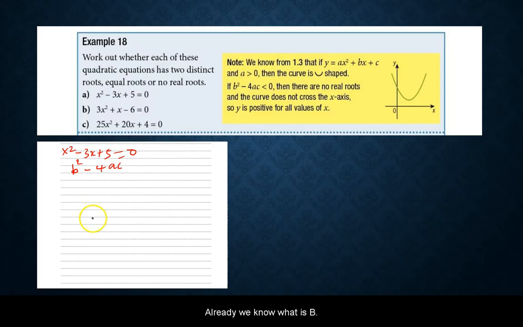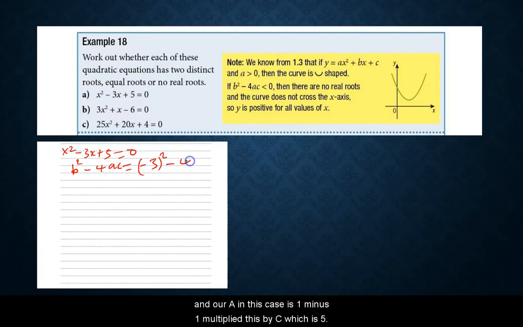Already we know b is negative 3, a is 1, and c is 5. So we substitute: negative 3 squared, because negative 3 is b, minus 4 times a, which is 1, multiplied by c, which is 5.